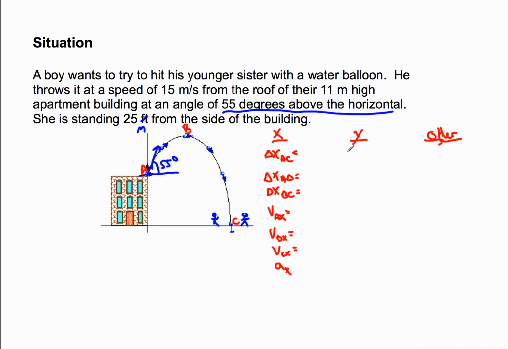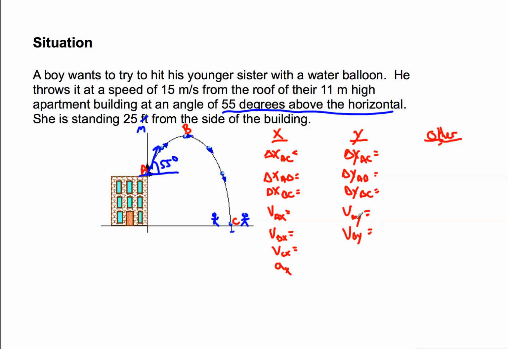All right, so we can do delta y from A to C. That is the displacement, vertical displacement from A to C. That is from here down to this level. We have delta y A to B and delta y from B to C. We have v_Ay, v_By.